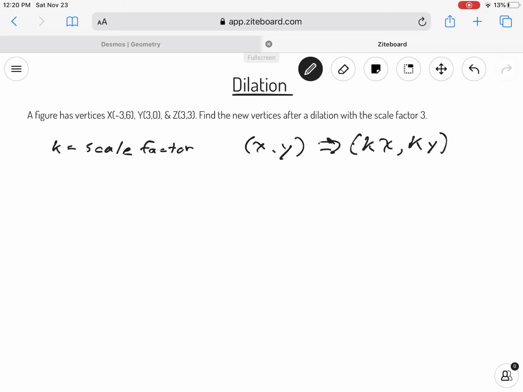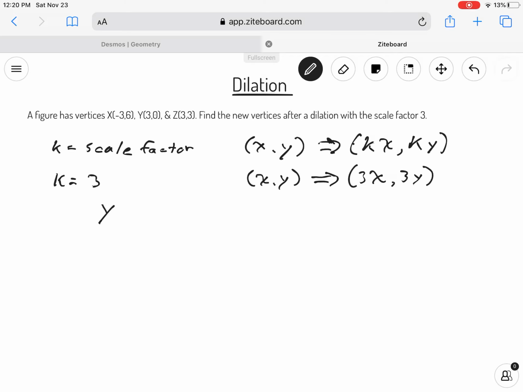Okay, now if k is 3 and I have some x, y, then I do 3 times x and 3 times the y. So let's apply it to this figure here.